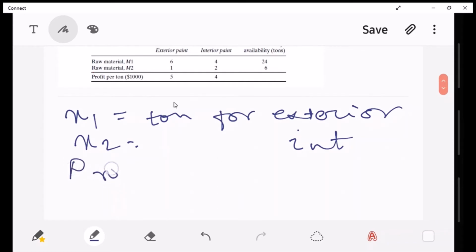Profit for 1 ton of exterior paint is $5000. So we will keep this unit aside, and it is 5. For 1 ton it is 5, for 1 ton of interior it is 4. So for x1 tons it will be 5 into x1, and for x2 tons of interior paint it will be 4 into x2.